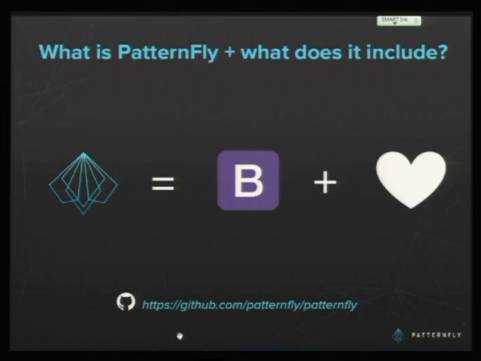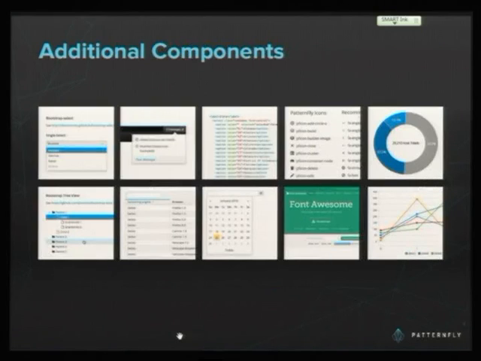So what is base PatternFly and what does it include? It's essentially built on top of Bootstrap. And I'm assuming, how many of you know Bootstrap? Okay, great. We say PatternFly is Bootstrap plus extra love. The extra love is supposed to be UX involvement, usability testing, as well as some additional components.